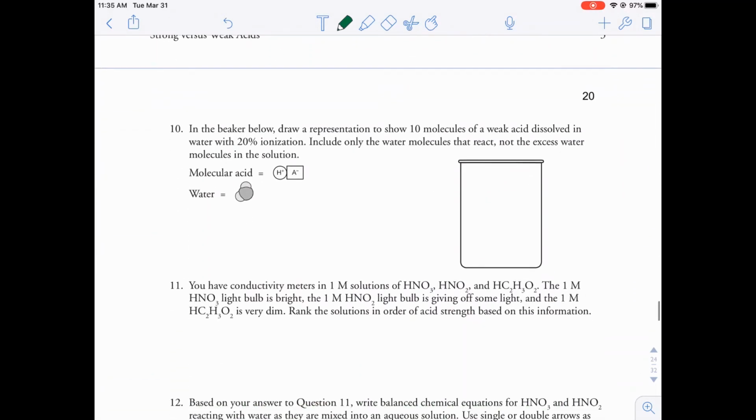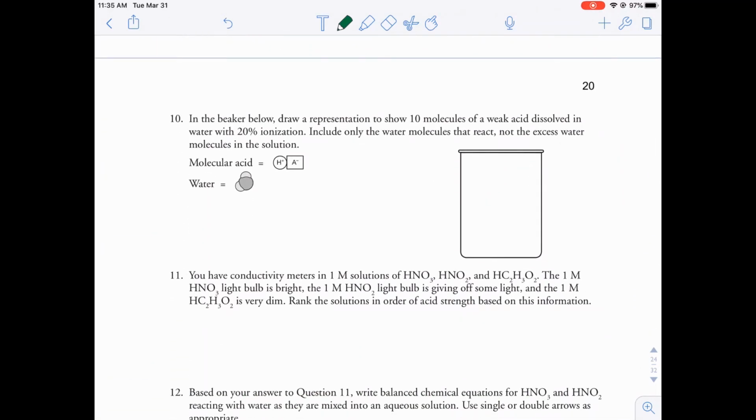All right, in the beaker below, draw a representation to show 10 molecules of a weak acid dissolved with 20% ionization. All right, so we need 10 weak acids. Here's our weak acid. 1, 2, 3, 4, 5, 6, 7, 8, 9, 10.